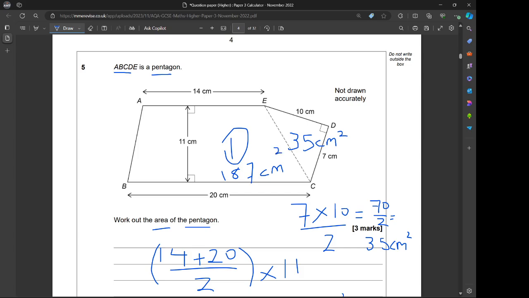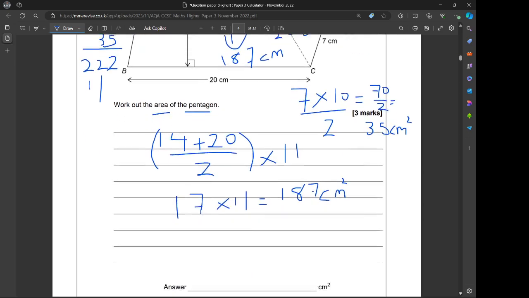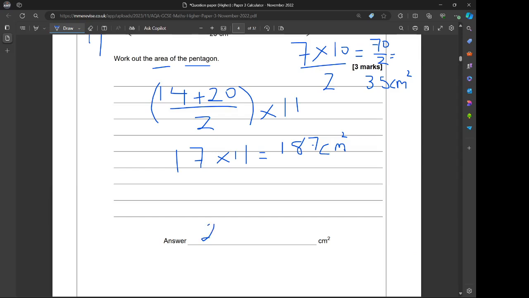I know it's a calculator paper, but let's just work it out. 7 plus 5 is 12, so 2 carry the 1. 8 plus 3 is 11, plus 1 is 12, 2 carry the 1. And then 1 plus 1 is 2. So our final answer is 222 centimeters squared. And that is my answer to that question.